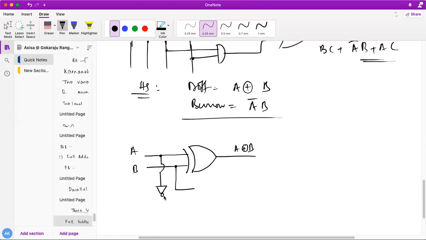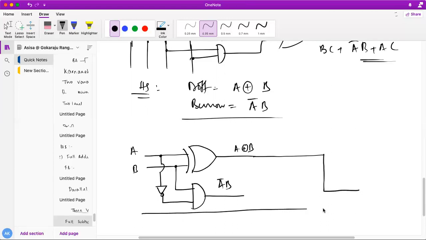So I have taken A bar over here, and this is my A bar B, which gives me my borrow. Okay, then what I have done, I know that my difference is nothing else A XOR B XOR C. So I have taken another input here, and this is my A XOR B XOR C, which is nothing else my difference. Okay, so this is my C.